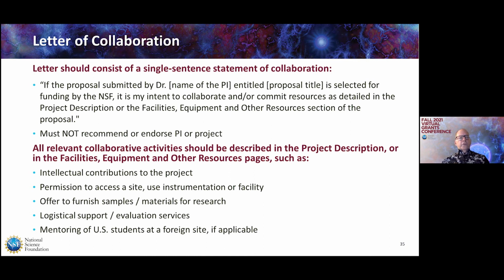In that case, you need to check the solicitation to see whether such letters are allowed, or contact the program officer to find out whether, as a supplemental document, such a letter of collaboration on behalf of an organization might be allowed.